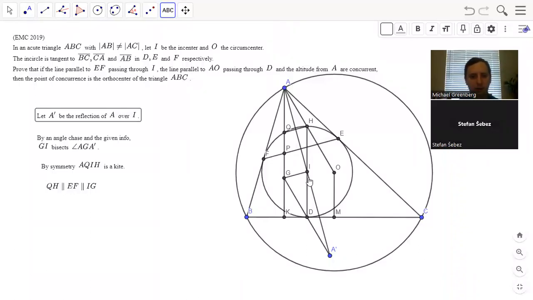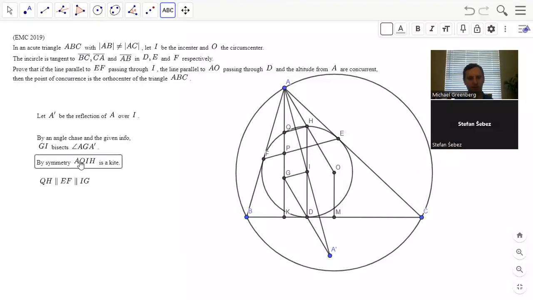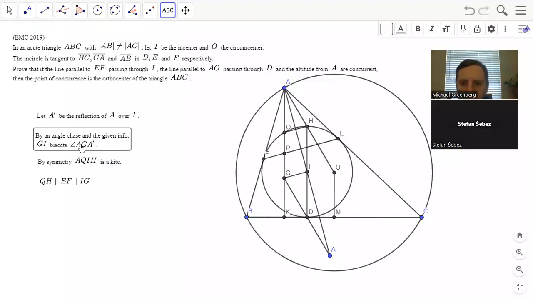Since Q is the reflection of H in AI, QI bisects, so this is a kite. So from there it follows that Q is the, I think we've got it, but let's see.